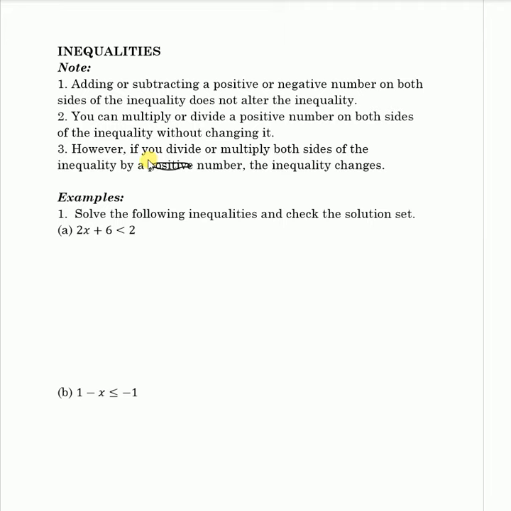That word there, we shall change that to negative. What changes the inequality is multiplying by a negative. However, if you divide or multiply both sides of the inequality by a negative number, the inequality changes. Negative is the one which changes it.